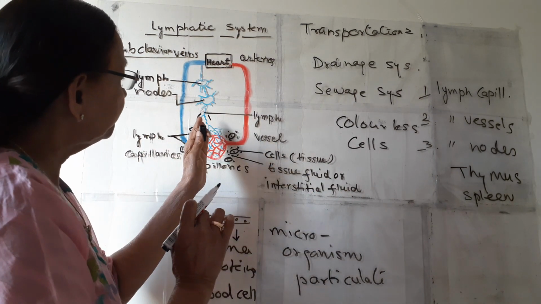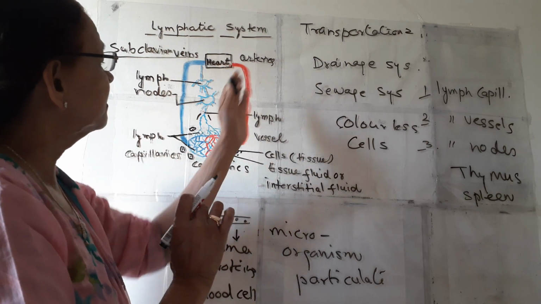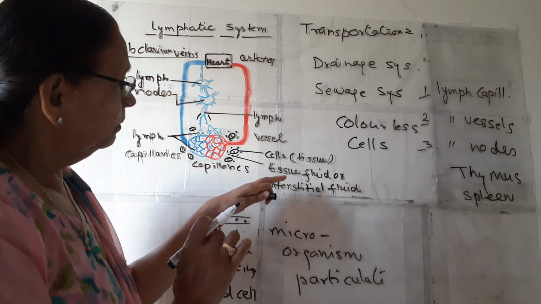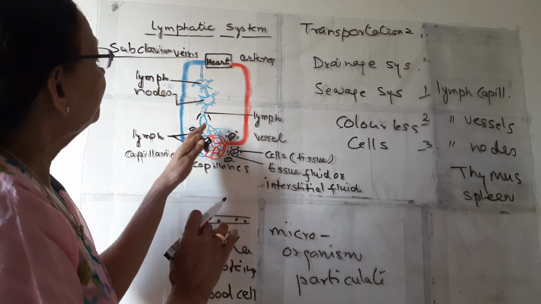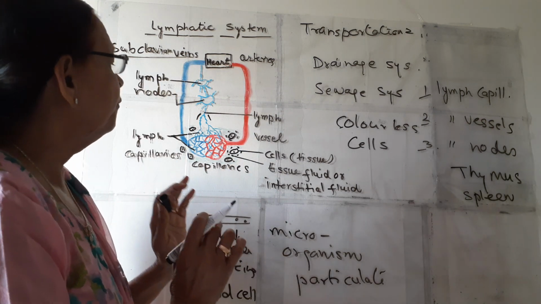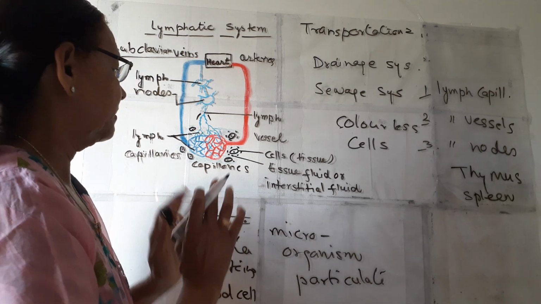In this way, the lymphatic system cleans the tissue fluid, and after cleaning, it is poured into the subclavian veins. This is how the lymphatic system works.